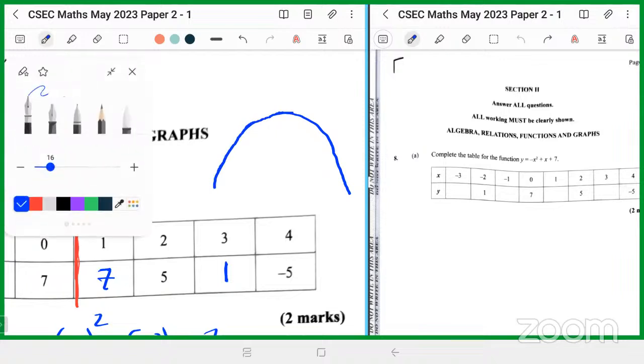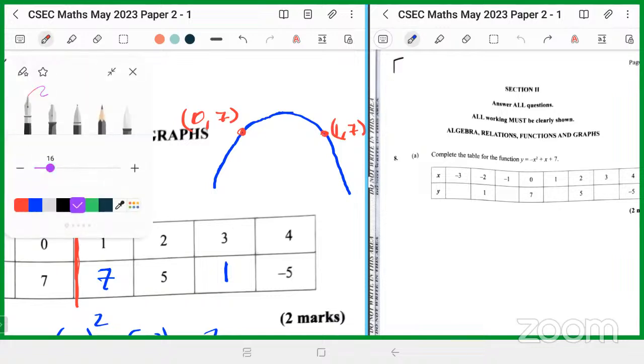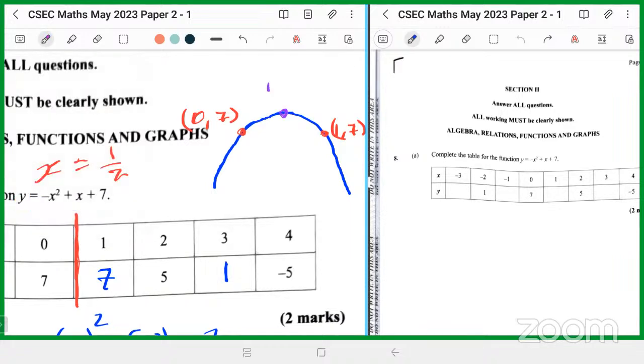So it is like this. This point here is the point (0, 7), and this point across here is the point (1, 7). The graph goes further up in between them, up to here, and that is the maximum point. This is the line of symmetry.